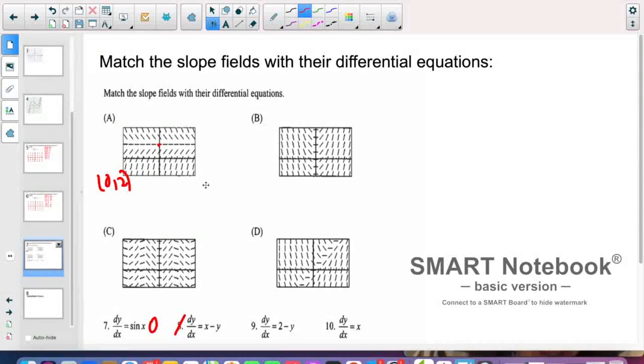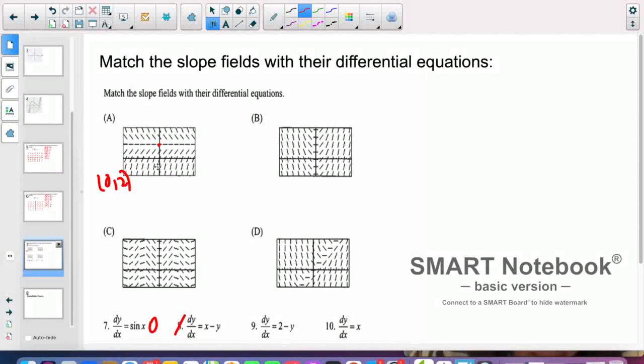Let's pick another ordered pair in here. I don't see any ordered pairs that are vertical. That would be my next choice, is to find ordered pairs that are vertical. I don't see that, but I do see that all of these ordered pairs at negative 1 are very steep positive slopes.